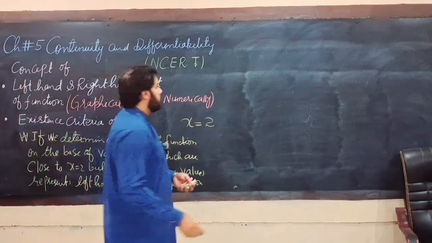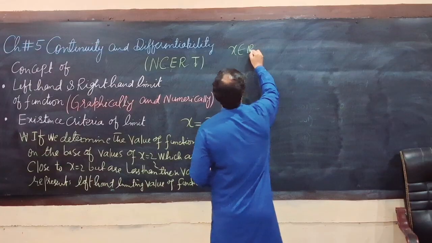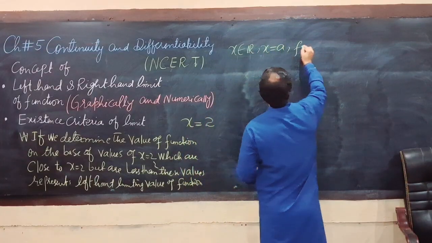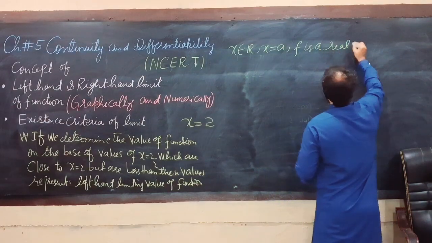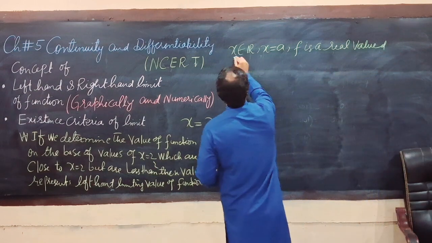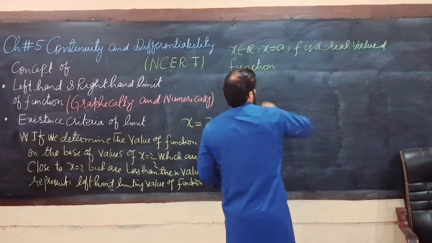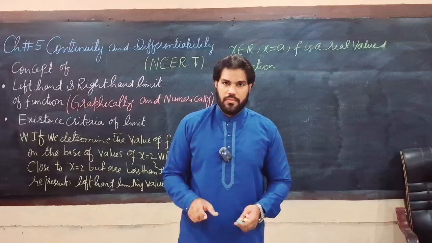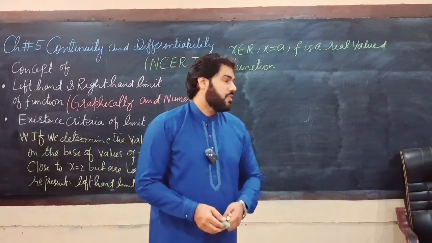Suppose x is any real number, x equal to a, and f is a real valued function. A function f is called a real valued function if its range is real numbers. Mean to say its outputs, its answers, are real numbers.